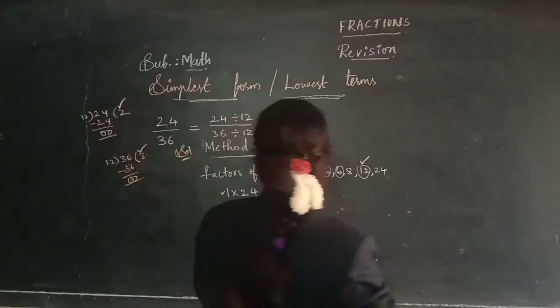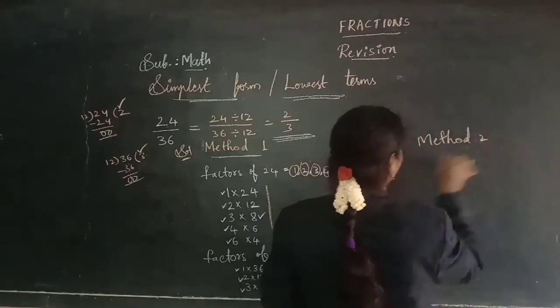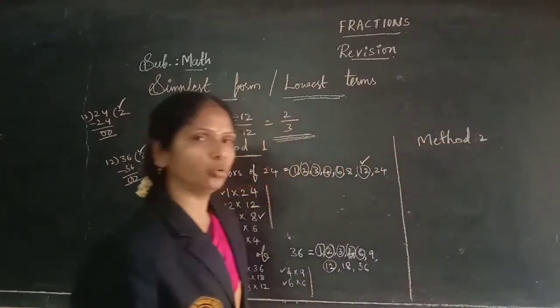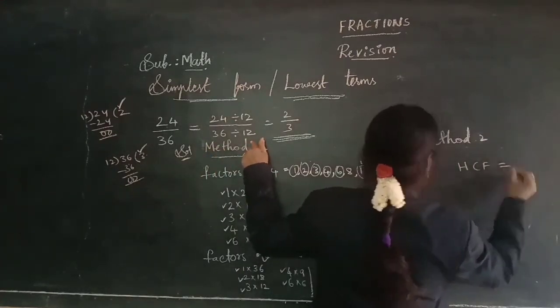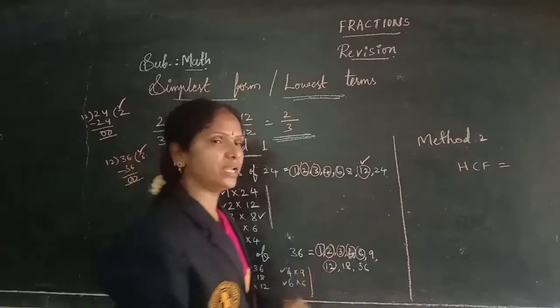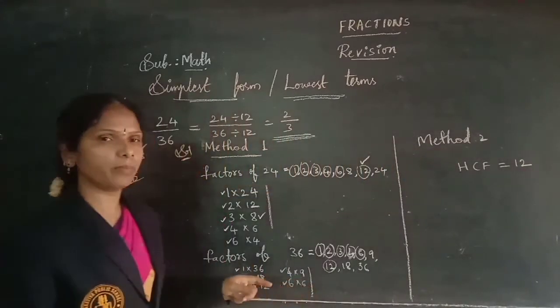And let's do method 2. Method 2 is the HCF method, children. HCF method means, what is the HCF here? In this, 12 is the HCF, children. HCF means highest common factor.